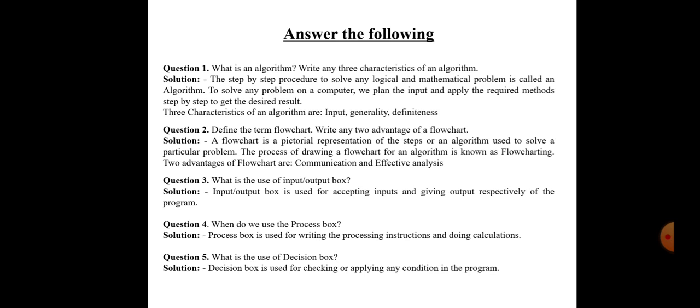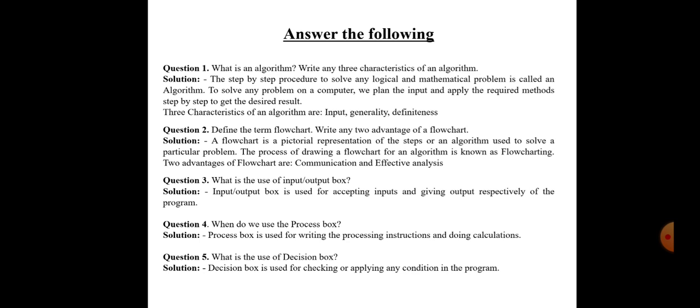To solve any problem on a computer, we plan the input and apply the required methods step by step to get the desired result. This is the definition of algorithm. The three characteristics of an algorithm are input, generality, and definiteness. Okay, these are the three characteristics of an algorithm.